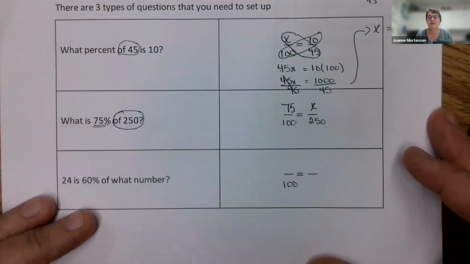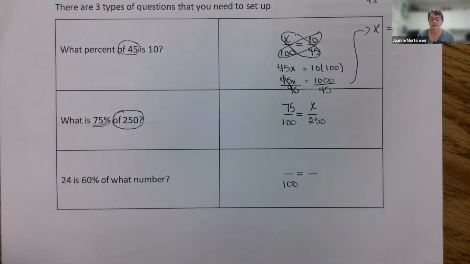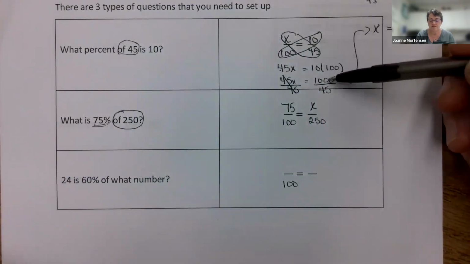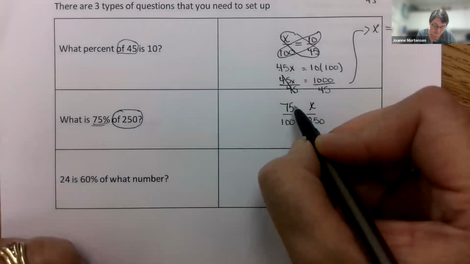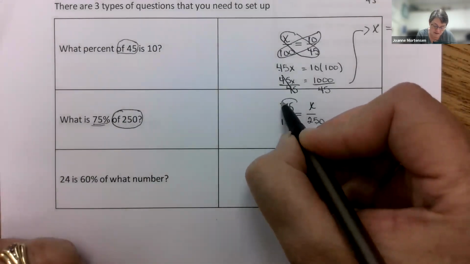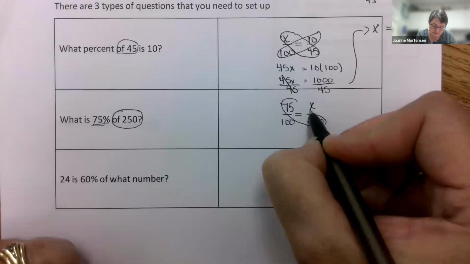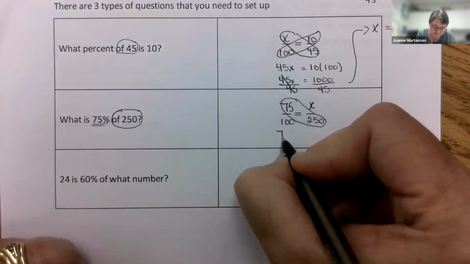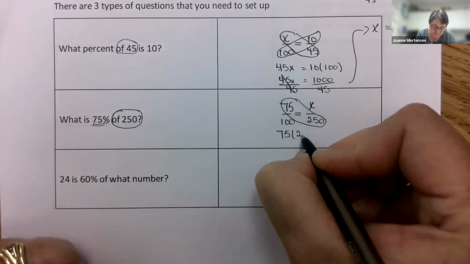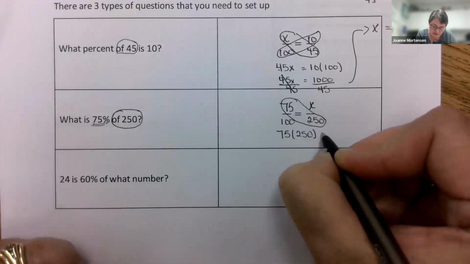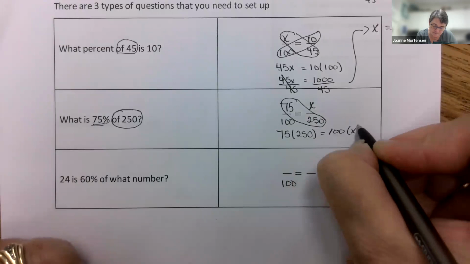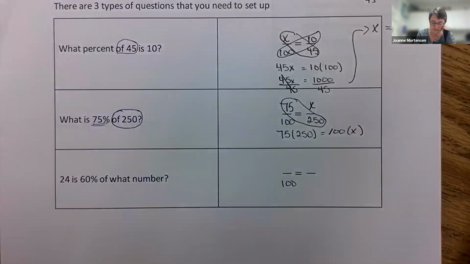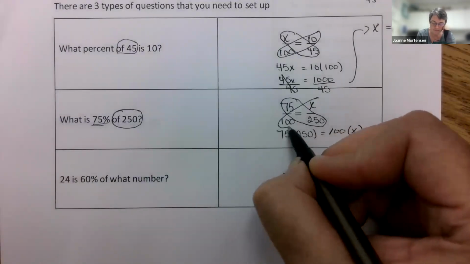All right, so the nice part is once you know how to solve this equation, these ones are pretty much the same. So I'm going to cross multiply here.